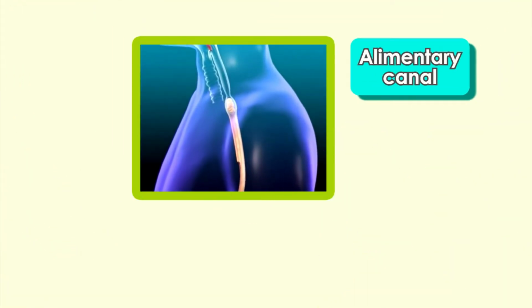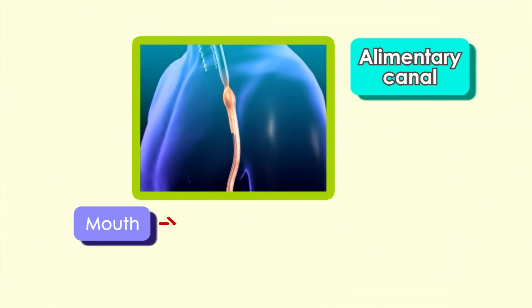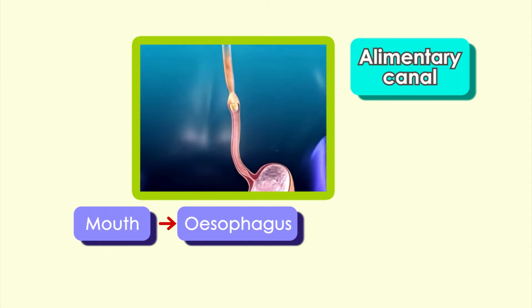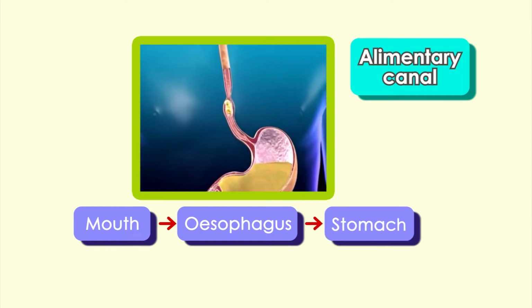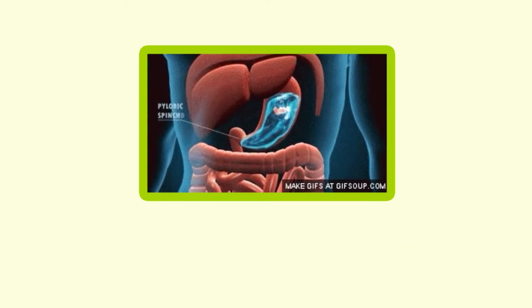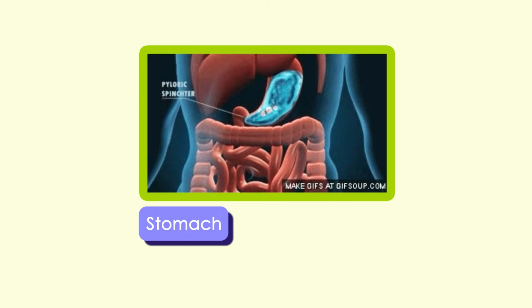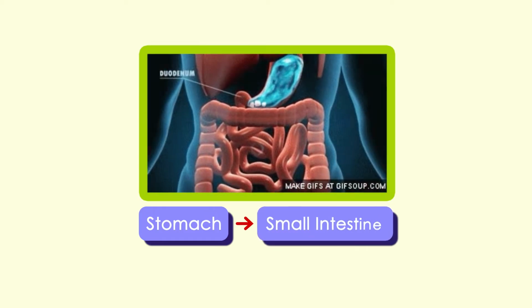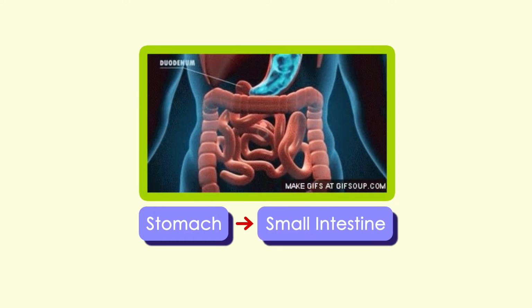After I chew the bread and swallow it, it moves along the alimentary canal, starting from the mouth to the esophagus, and then it moves to the stomach. From the stomach, the food then moves to the small intestine.